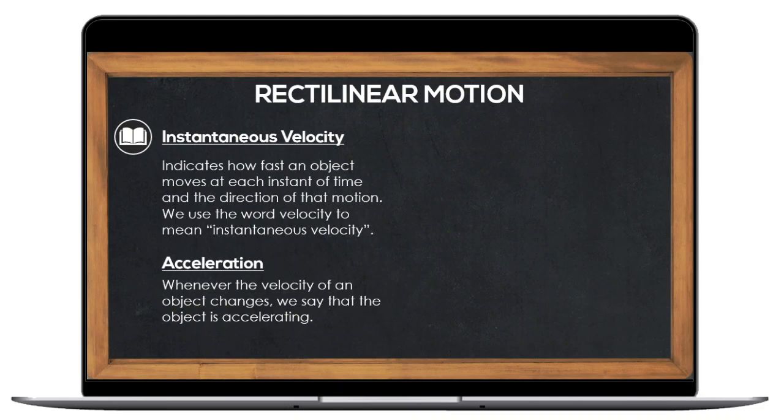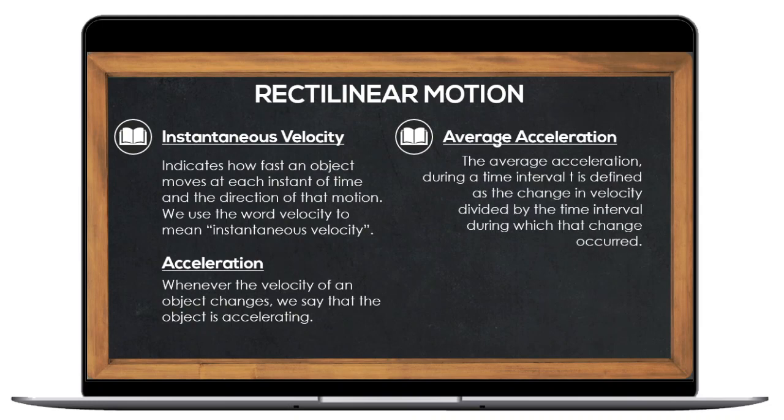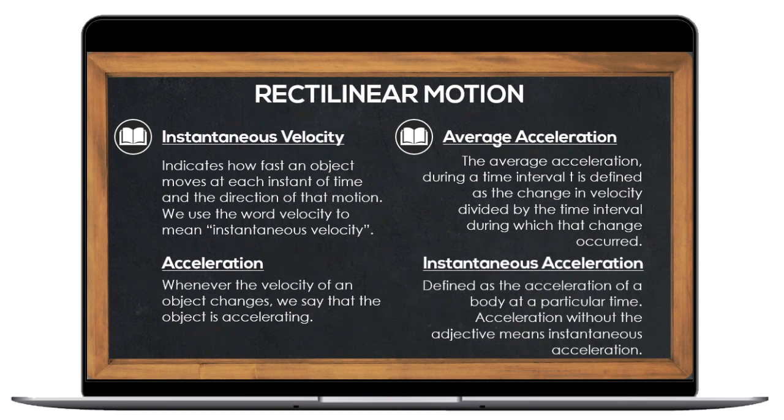Whereas when there is a change in velocity per unit time, we have an acceleration. Average acceleration. So the average acceleration during a time interval t is defined as the change in velocity between the time interval during which that change occur. So that is average acceleration.